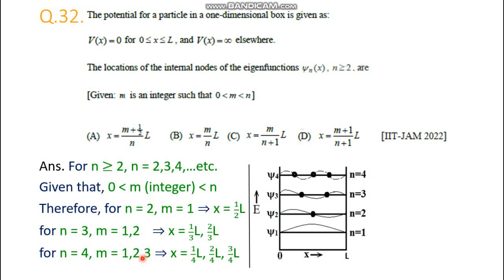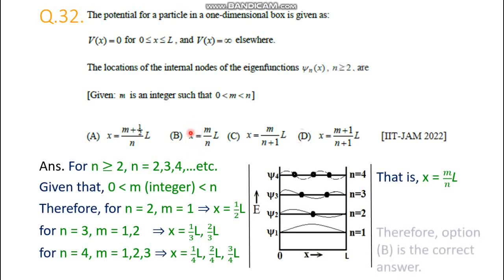For m equals 2, it is 2 by 4 into L, that means half L. And for m equals 3, it can have the value 3 by 4 into L. So this is 1 by 4 L, this is half L, this is 3 by 4 L. Half L can also be written as 2 by 4 L. So this is nothing but x equals m over n into L. So this is the correct answer. Option B is the correct answer.